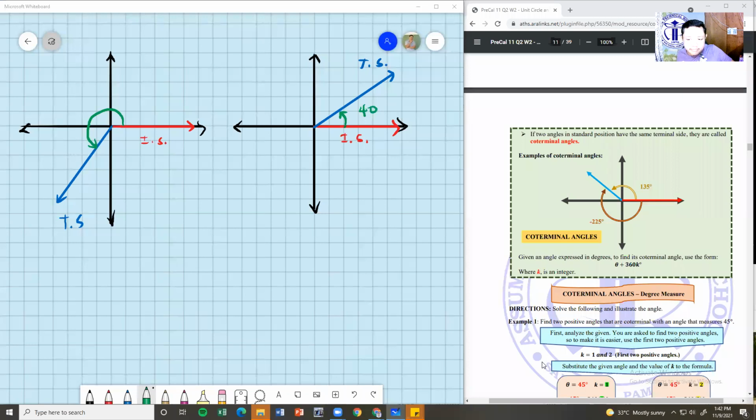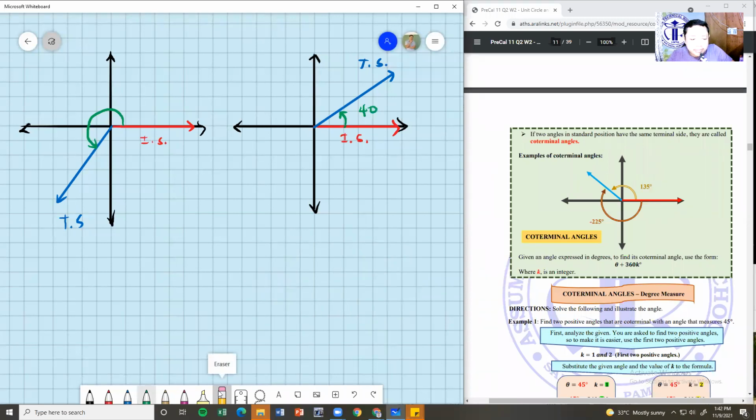Always remember, if the movement is like this, that is positive. If the movement is the other way around, clockwise, that's negative. Okay? So your classmates are now posting their answers. That's correct. That is positive 40.